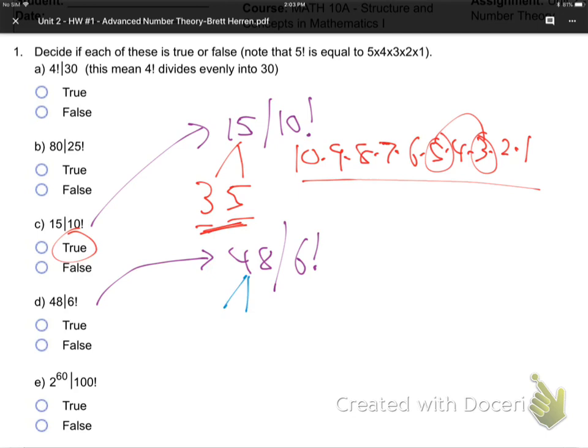Okay, so what's in a 48? Use your calculator if you want to, need to. Break it all the way down. So there's a 48.